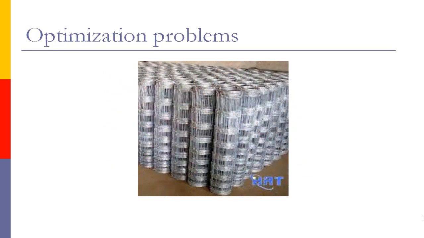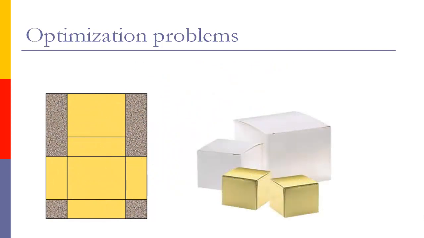applications. Another typical one, another classical one, is the one which involves fencing, and it usually goes like this. You have a certain amount of land that you want to enclose with some fencing, and you want to do it in such a way as to use the minimum amount of fencing so that it will cost as little as possible. Another typical application is that of how to cut a piece of cardboard of certain dimensions so that once folded it will produce a box which is as big as possible.